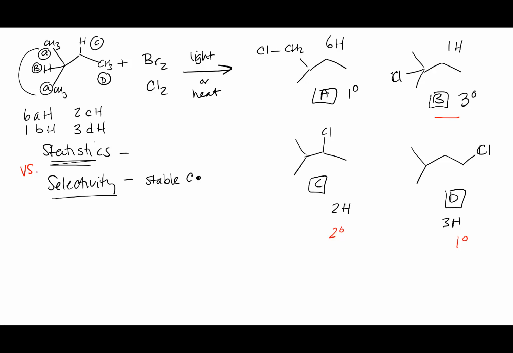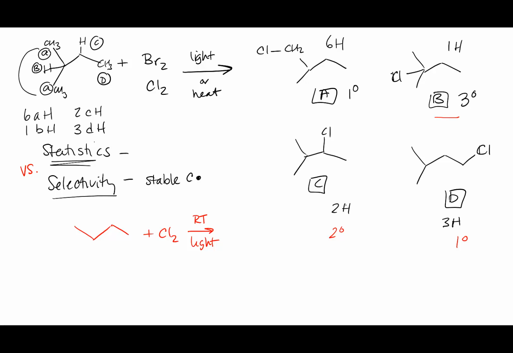So what people did was this. They did reactions. For instance, they would take butane and treat it with chlorine at room temperature. When you do a free radical reaction at room temperature, you need light to break the two chlorines apart. So at room temperature we use light.